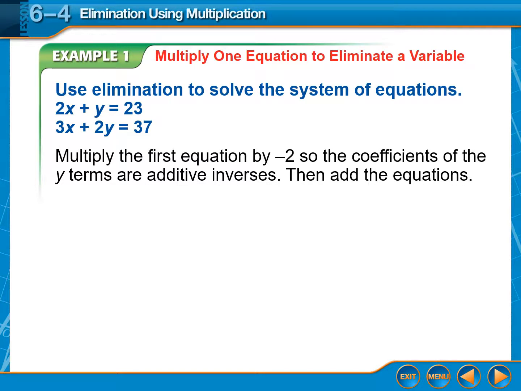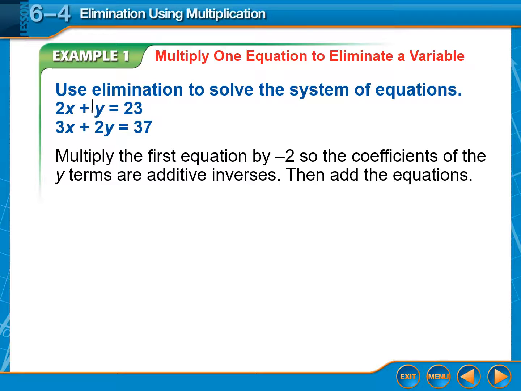Well, what we're allowed to do is change the coefficients in order to eliminate the variable. So looking at these two equations, 2x and 3x, and 1y and 2y. Think back to when you had to find common denominators in order to add or subtract fractions.